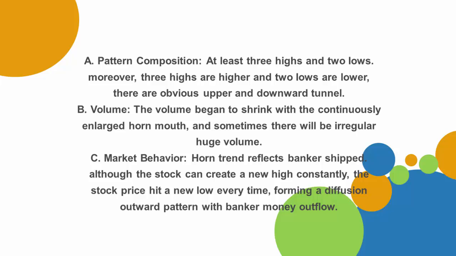The whole trend reflects banker shift. Although the stock can create a new high constantly, the stock price hits a new low every time, forming a diffusion outward pattern with bank money outflow. So if you see the whole pattern, you should prepare to sell because this is the top reversal pattern.